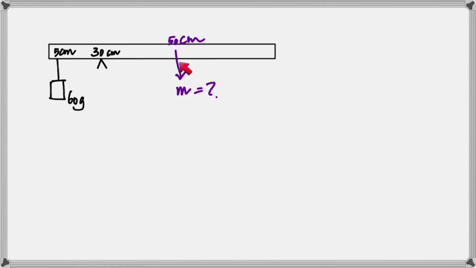Technically it's force, but we can use mass here. So the unknown mass times this distance should be equal to 60 times this distance. That's all. Okay, so let's write that. So the unknown mass times 50 minus 30 should be equal to 60 times 30 minus 5.